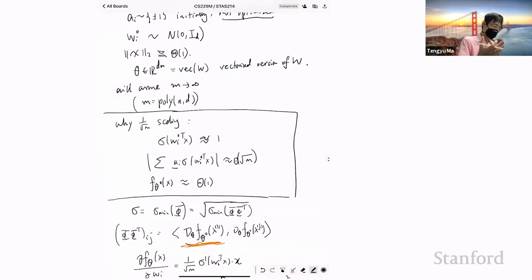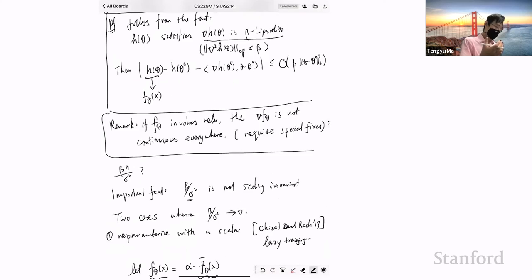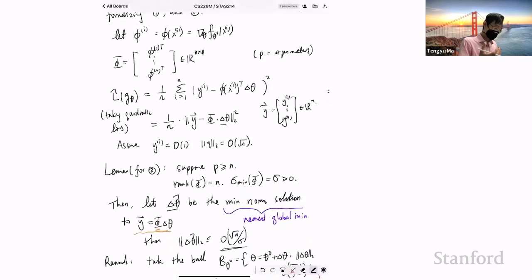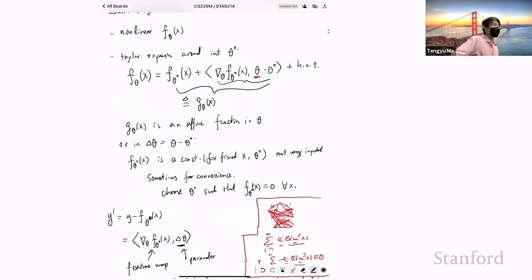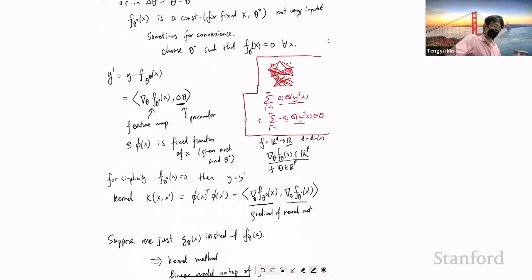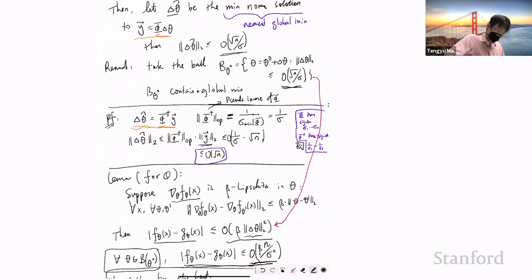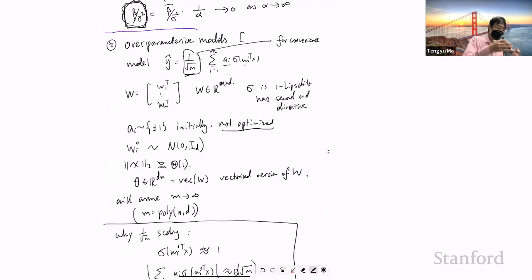One example is the result from the last lecture, when you have the width. We have this overparameterized model with width m, and we initialize a_i to be +1, -1, and w_i to be a spherical Gaussian.